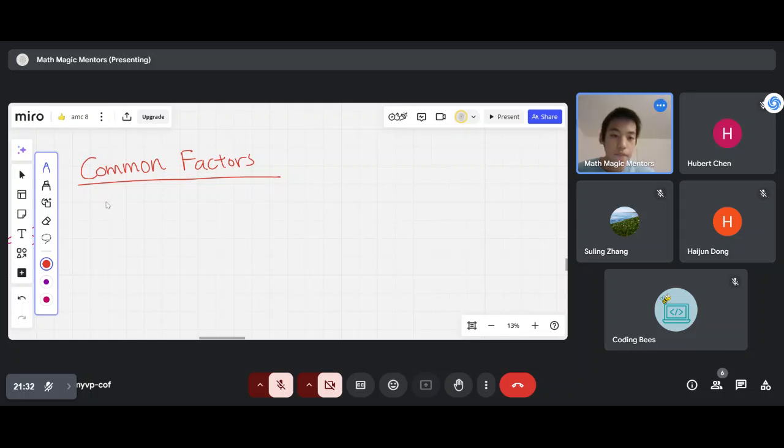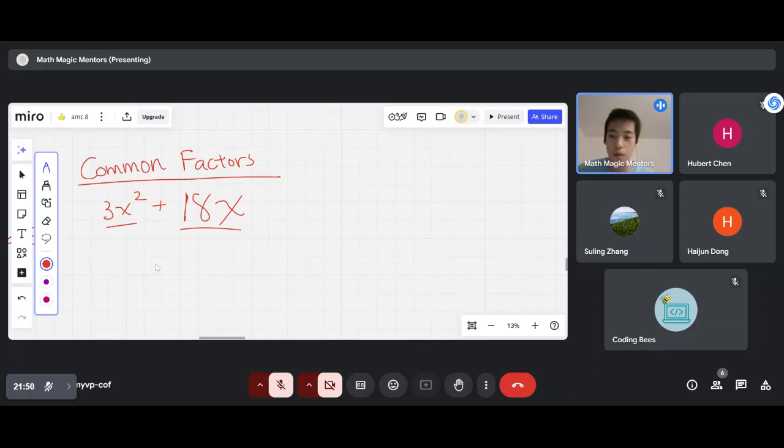So if you have something like 3x squared plus 18x, you can find the common factor of 3x squared and 18x.